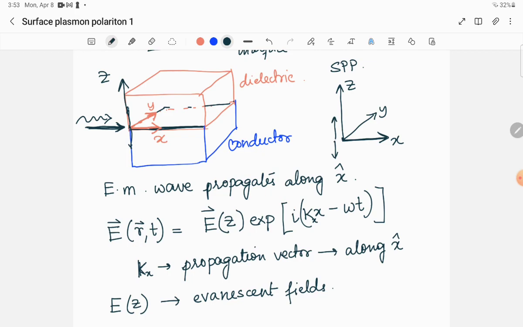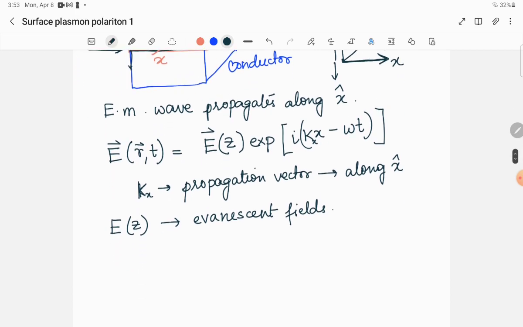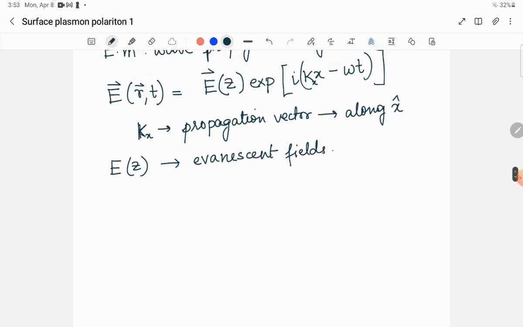So along z the field doesn't propagate, but it has a variation in amplitude defined by evanescent waves, and typically it is of the form exponential of minus alpha z. So it is an exponentially decaying field, some E naught times exponential of minus alpha z.